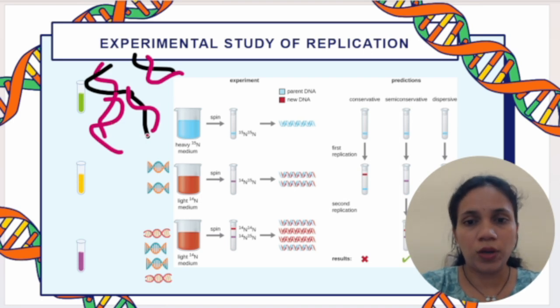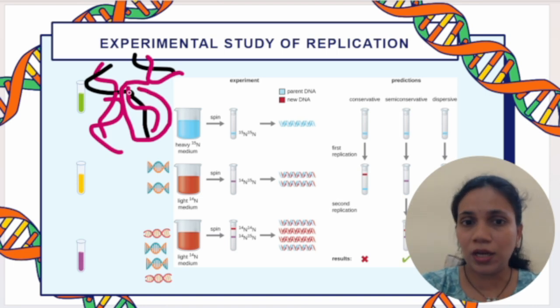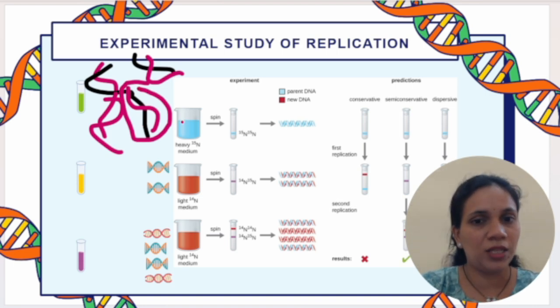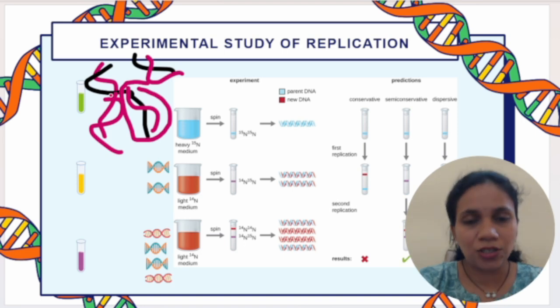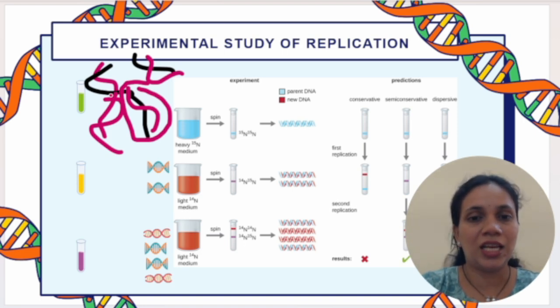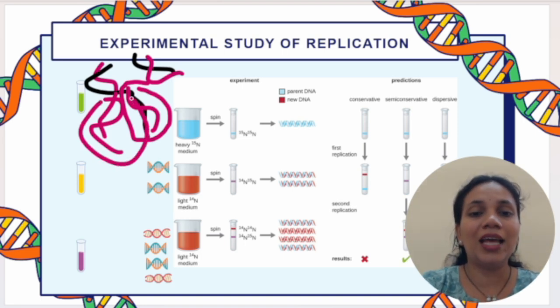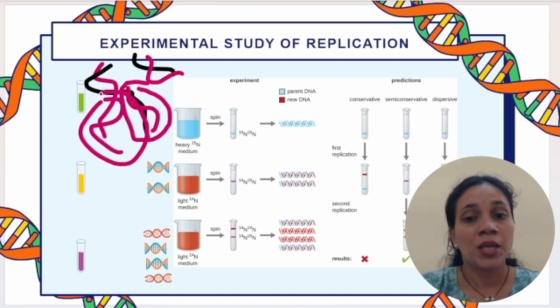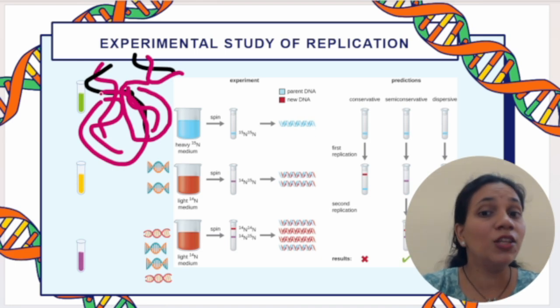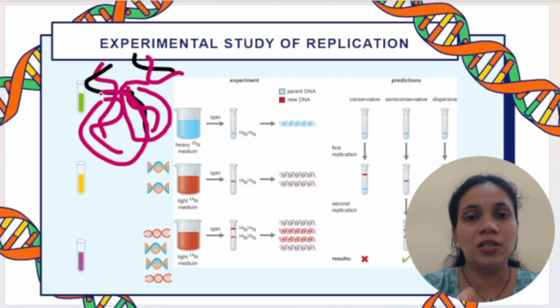So here the situation will be that there will be some DNA strands that will contain from the previous one, that is the N14 and N15, and all the later or newly synthesized DNAs will have only the N14 containing strands. Both the strands will have N14. That means the second strand, whatever was forming, was the new one, and still it was retaining one strand of parental DNA.